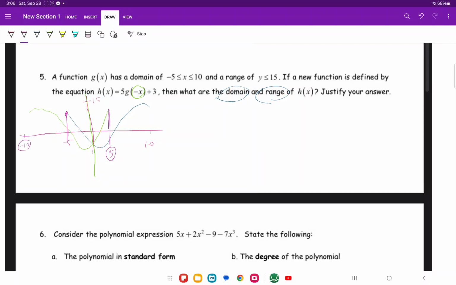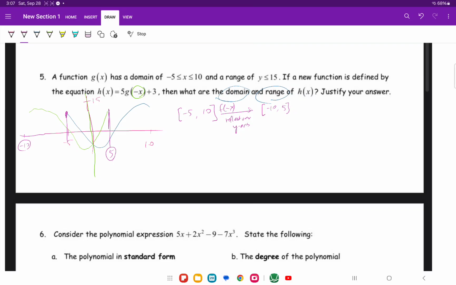Meaning if we start the domain from -5 to 10 inclusive, the trick is f of negative x, which is the same thing as reflecting over the y-axis. The effect on the domain is that you swap them and you flip them. So it's -10 to 5. Okay, so that was the first transformation.